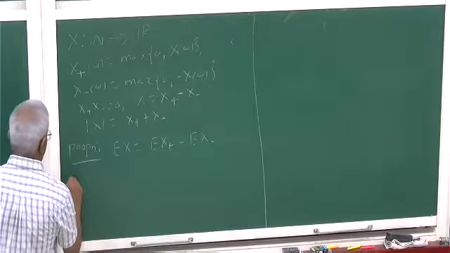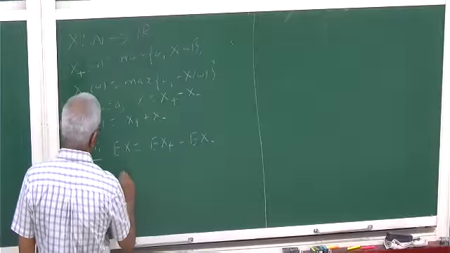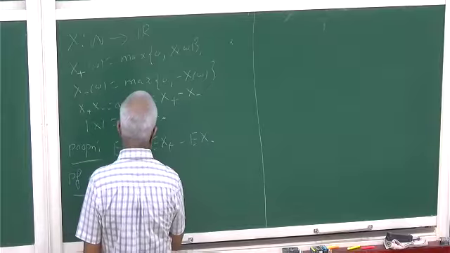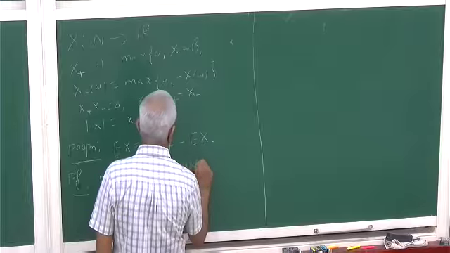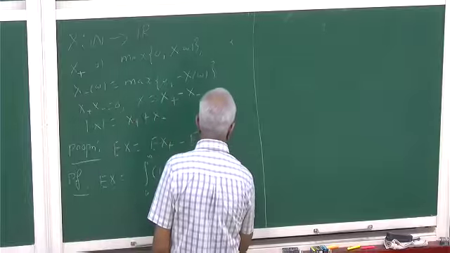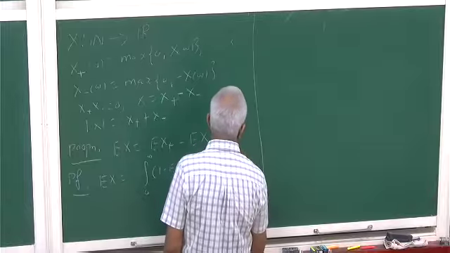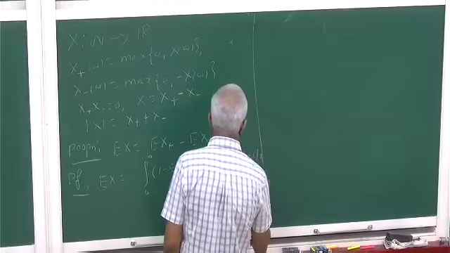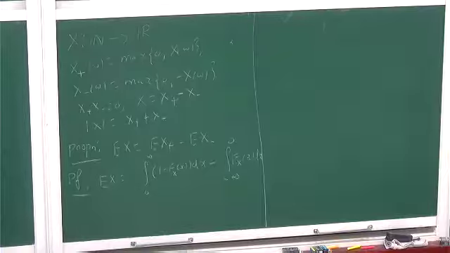So we have already proved the following: E of x equal to the integral from 0 to infinity of 1 minus F of x dx minus the integral from minus infinity to 0 of F of x dx. I may not write all this subscript. We have proved this already.